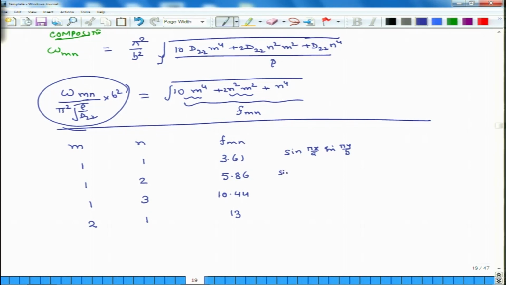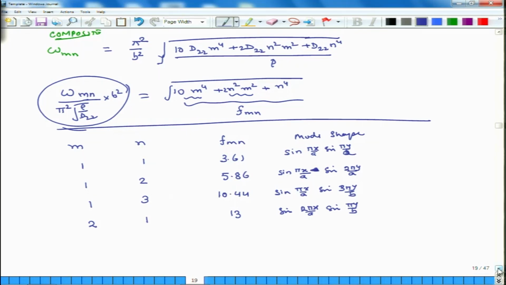Here it will be sine pi x over a sine 2 pi y over a, because a is same as b, so these are the mode shapes, and this is sine pi x over a sine 3 pi y over b, and this is sine 2 pi x over a sine pi y over b.